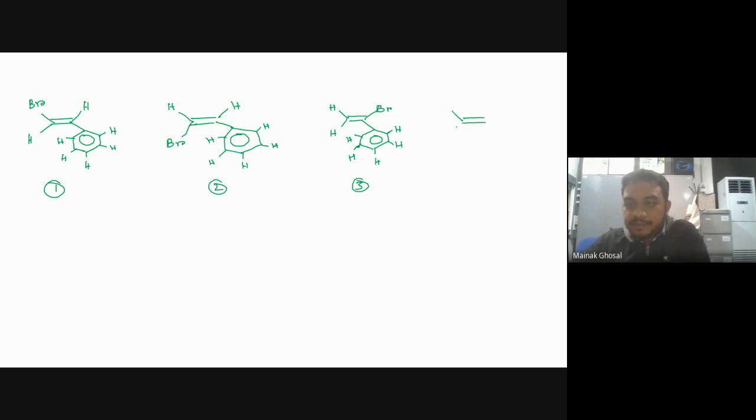Now this is structure 4. You can put it on either side, here also.